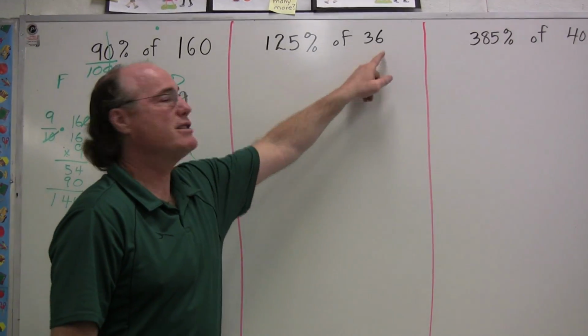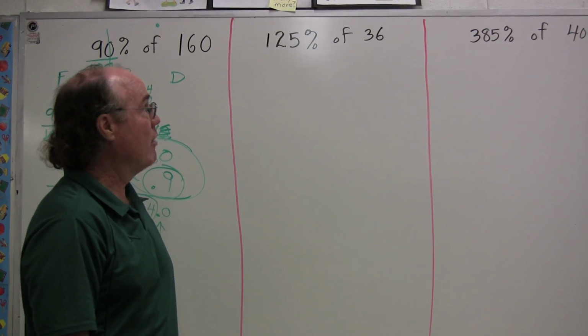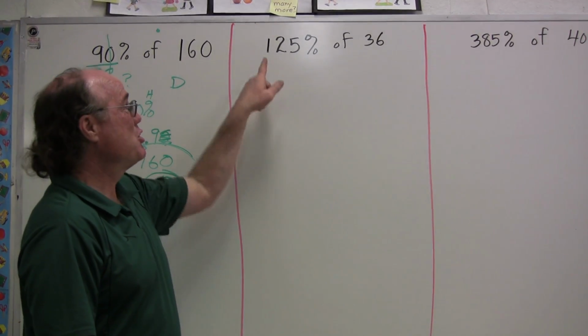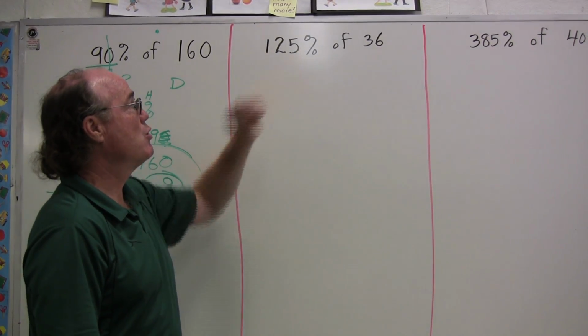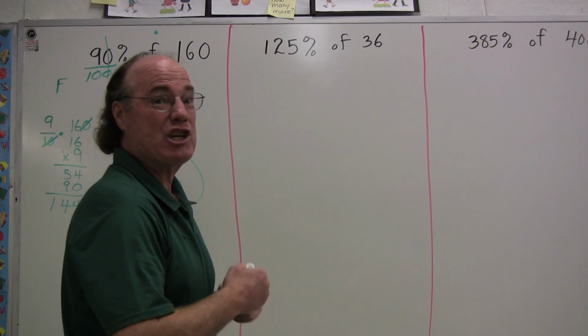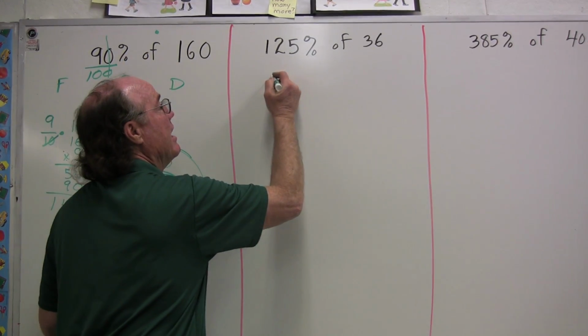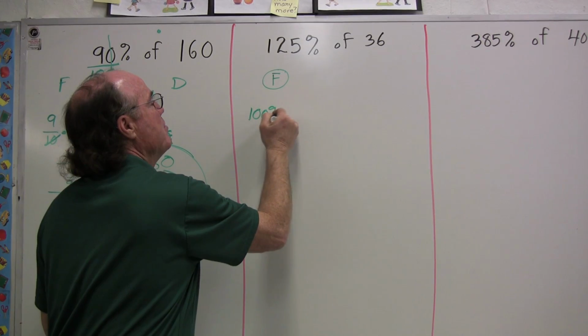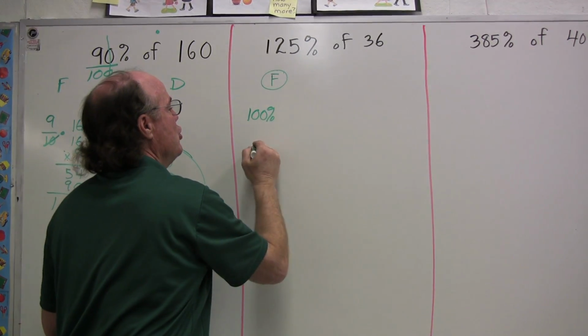Okay, so we go to 125% of 36. Now, let me show you what I like to do here. This is tricky because we have 125%. With a fraction, watch what I like to do. I like to break it up into 2.